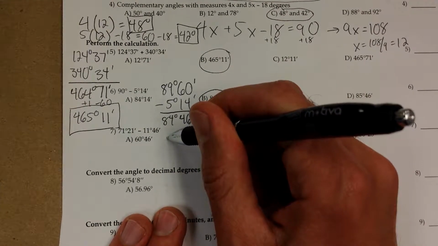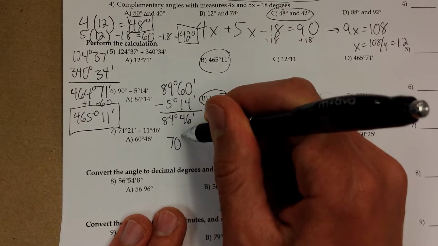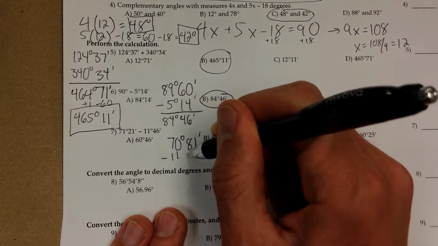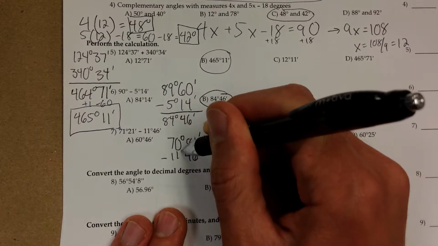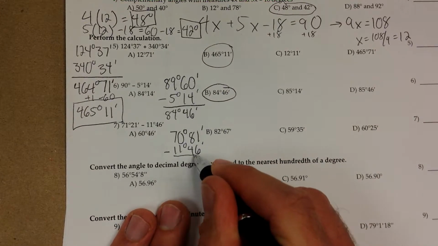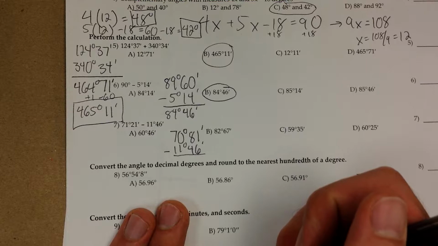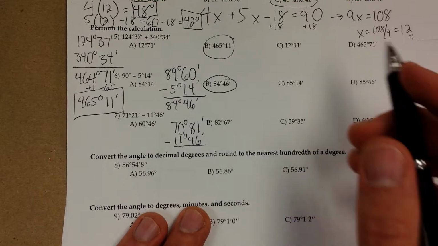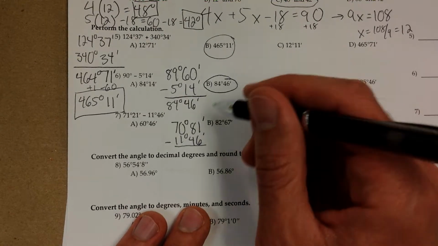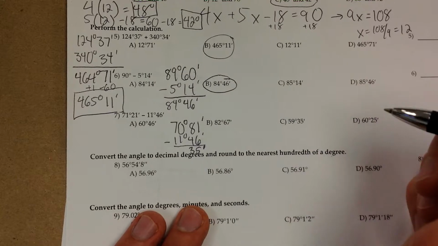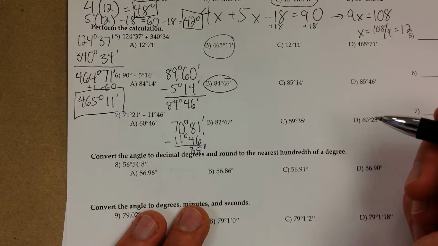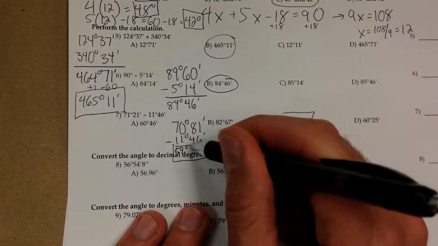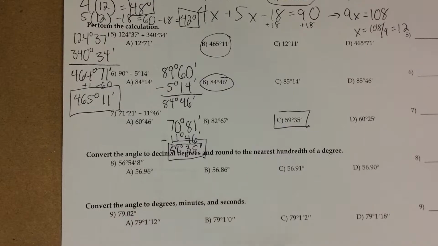So you can make it 70 degrees and 81 minutes. Then 81 minus 46, which is 35 minutes, and then 70 minus 11, which is 59 degrees. Good. Any questions on 5 through 7?